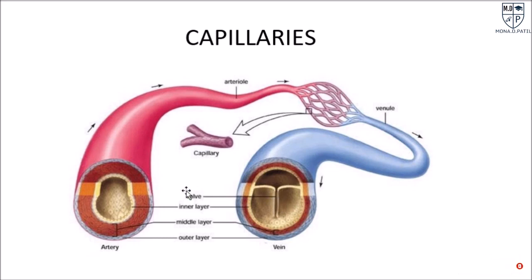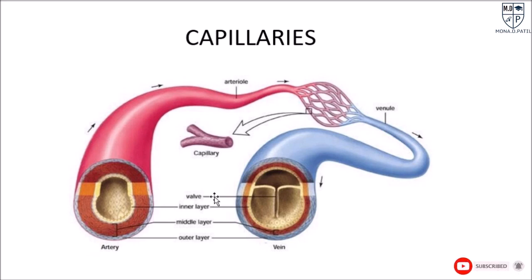Then veins. Vessels carrying blood toward the heart from various parts of the body are called veins. All veins except the one carrying blood from the lungs transport deoxygenated blood. Deoxygenated blood means oxygen is less or sometimes very rare in that blood.